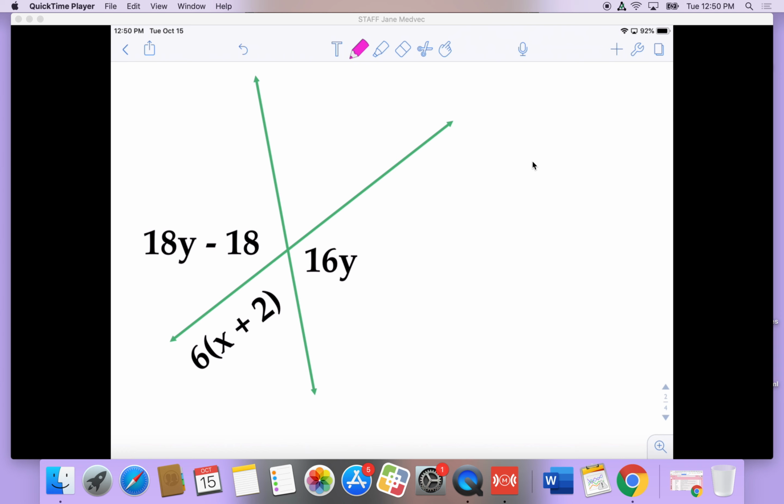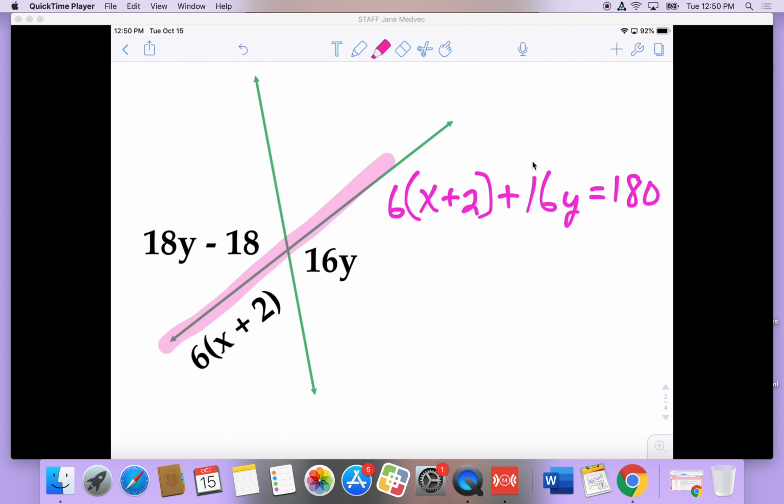Very good. So one relationship we can say is that 6(x + 2) plus 16y equals 180 degrees. I know that because they are a linear pair, they're supplementary, they form that line, right?